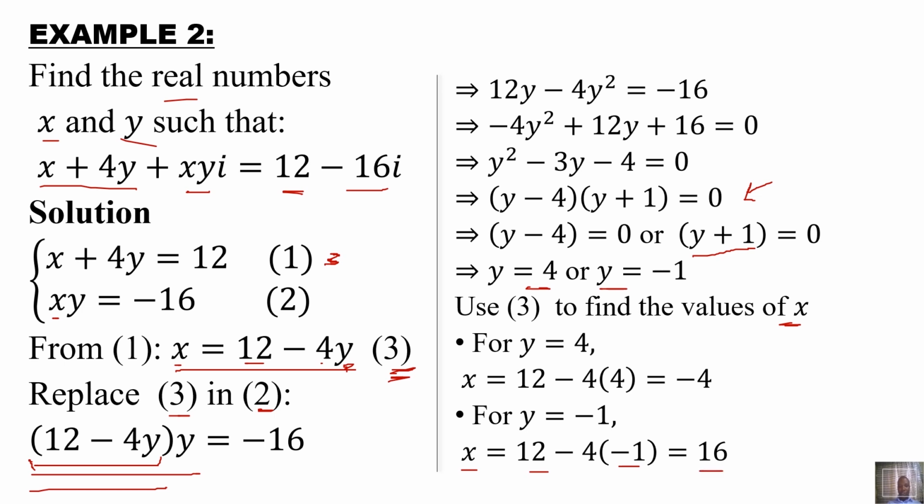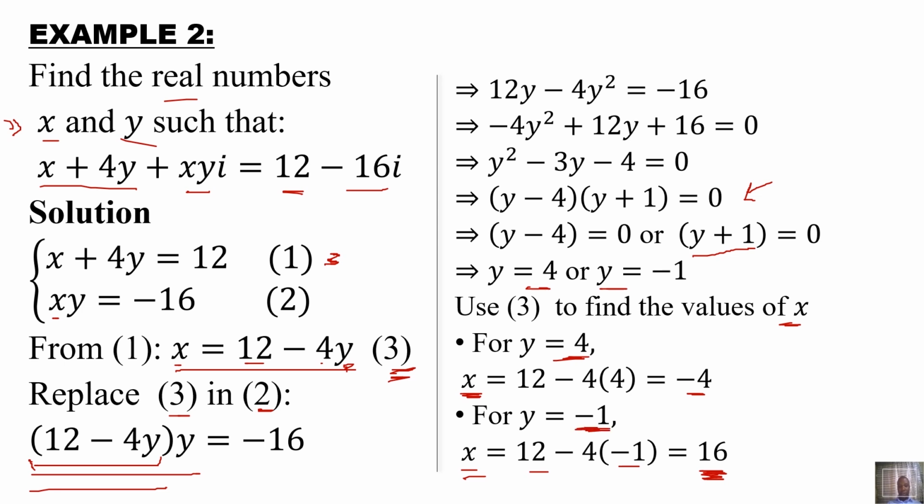Then the required values of x and y are x equals minus 4 and y equals 4, or x equals 16 and y equals minus 1.